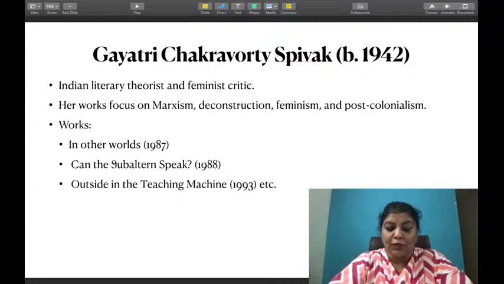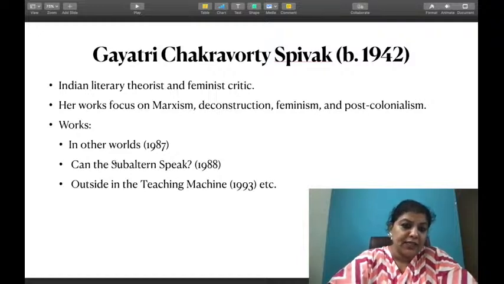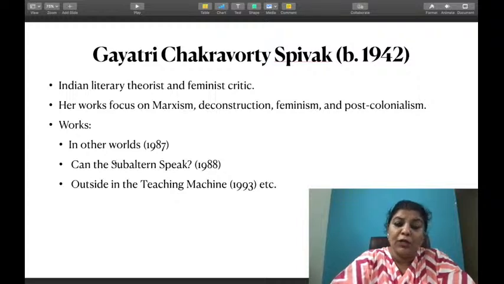Then Can the Subaltern Speak? She was part of the Subaltern Studies group, and she is trying to give more voice to the subaltern people, the voiceless, marginal people in India, in the subaltern sectors. That is the meaning of Can the Subaltern Speak?